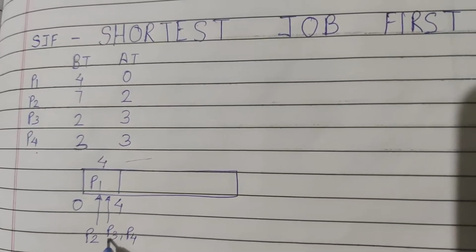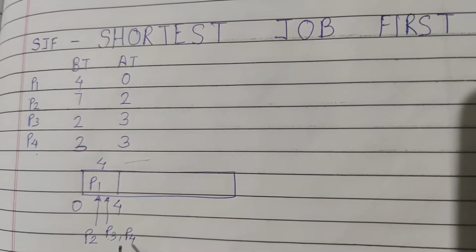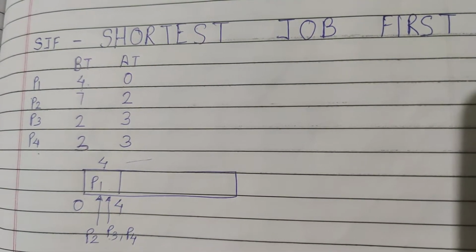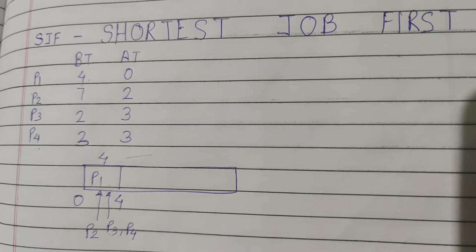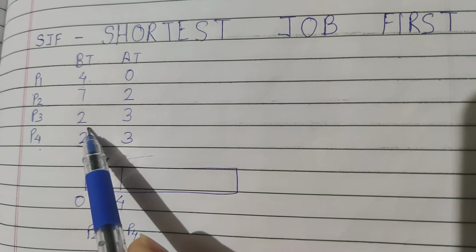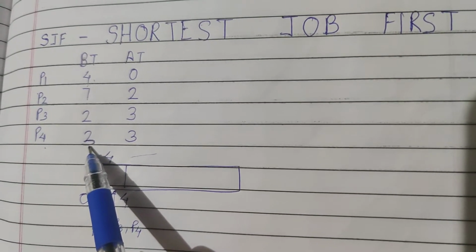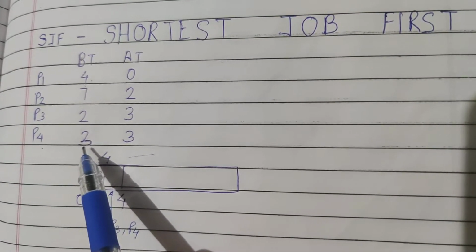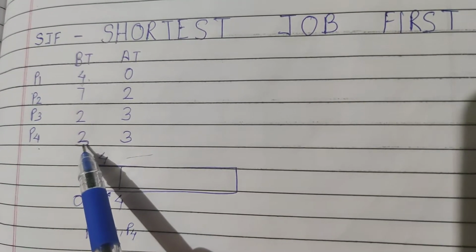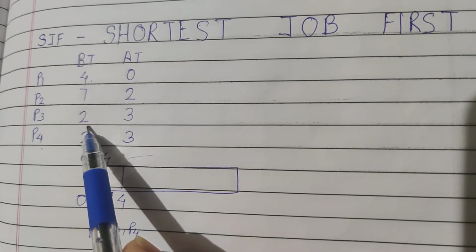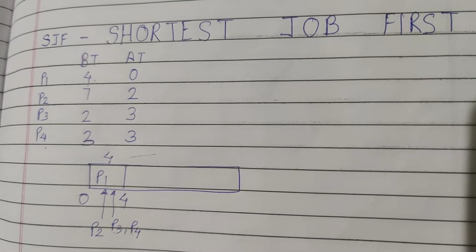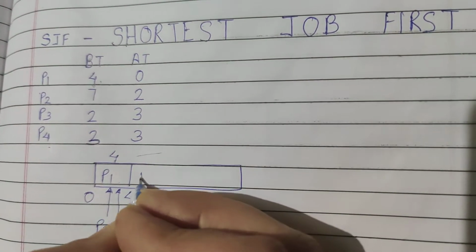First, out of these 3 processes we check the burst time, for which process there is the minimum requirement. The burst time for P2 is 7, for P3 it is 2 and for P4 it is 3. We have to consider the shortest job, so P3 has the shortest burst time. Out of these 3 processes, P3 will execute first. So here it will be P3.